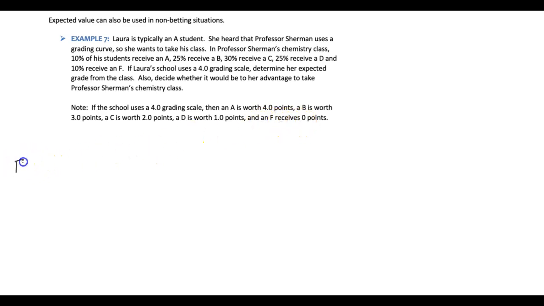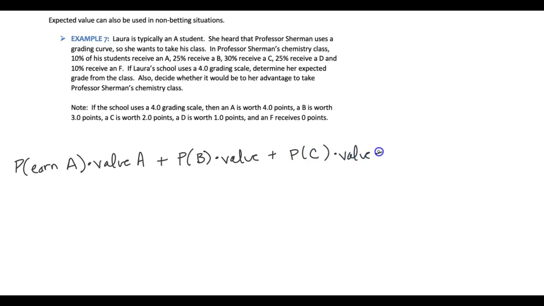So we want to look at the probability of receiving an A times the value of an A. And then we're going to do the same for the probability of a B grade times the value of a B, plus the probability of a C grade times the value of a C. And we're going to continue that with the D grade and an F grade.